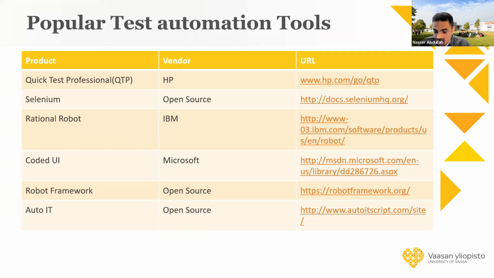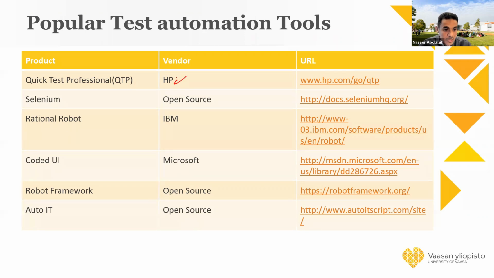So here is a list of popular test automation tools. Maybe you can check all of these later. Quickly, as in the previous class, there are some open source and some commercial ones.